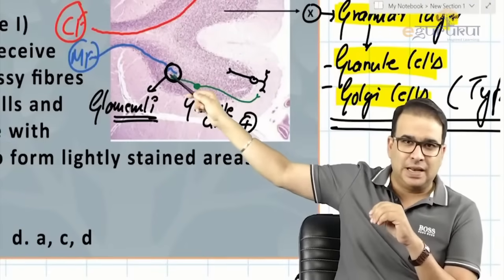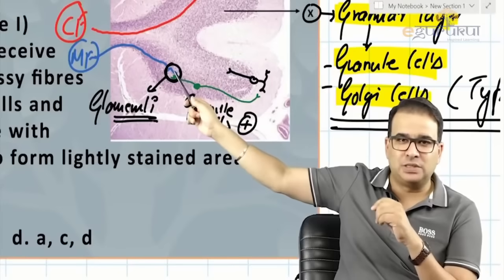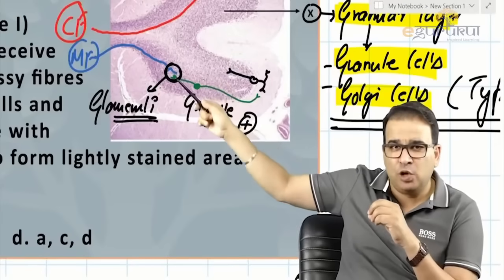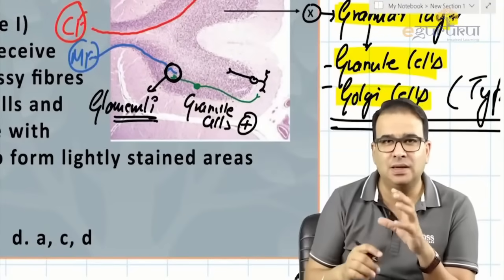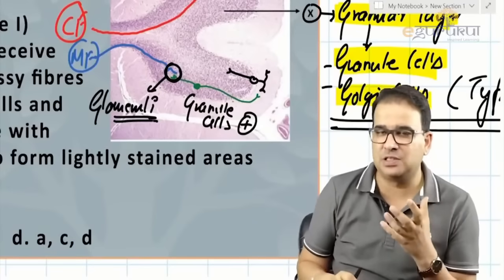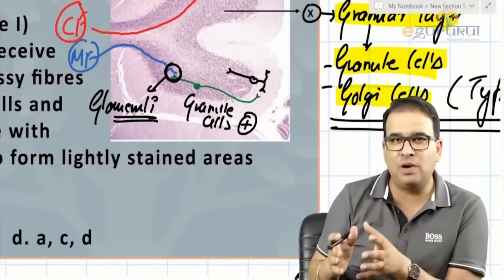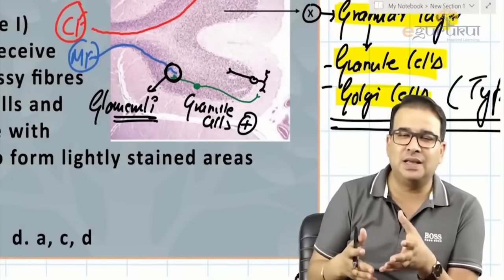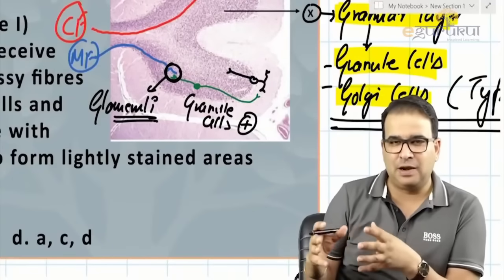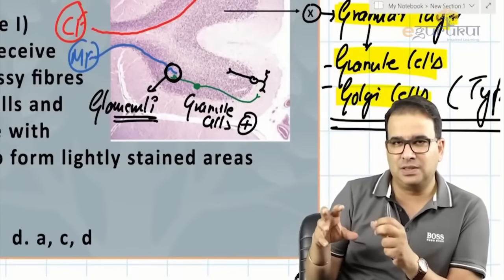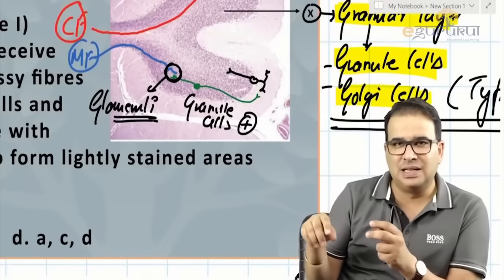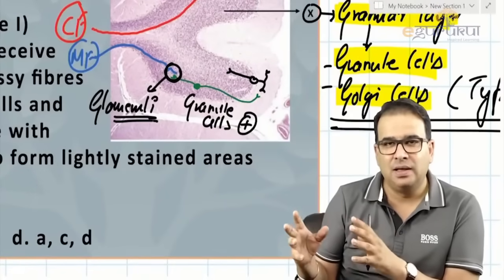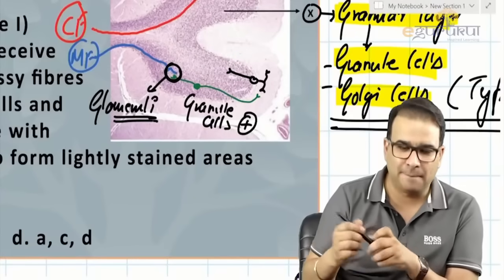This synapse between the mossy fibers, the granule cell, and even Golgi cells is called the cerebellar glomeruli. They even asked this question once: cerebellar glomeruli is seen in which layer? It is present in the granular layer. As a matter of fact, all the structures starting with a G here, granule cells, Golgi cells, glomeruli, are all present in the granular layer only.